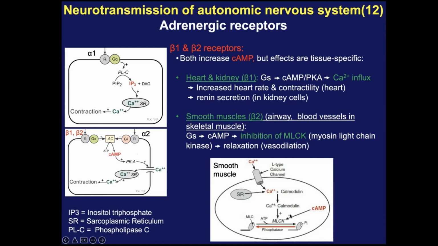The minus sign means inhibits. It inhibits the MLCK. Because MLCK promotes the contraction by phosphorylating the myosin. Inhibition of the MLCK will cause relaxation of the cell. In the blood vessel, it will cause vasodilation.